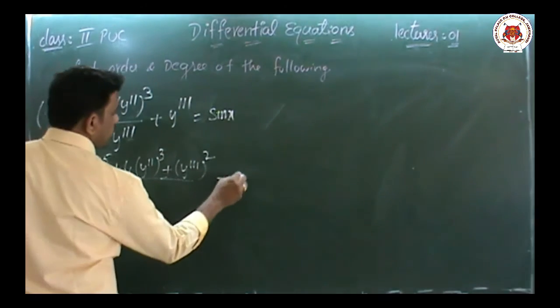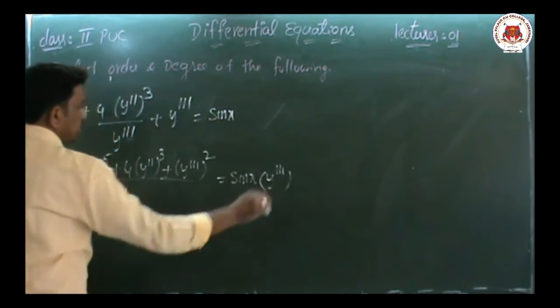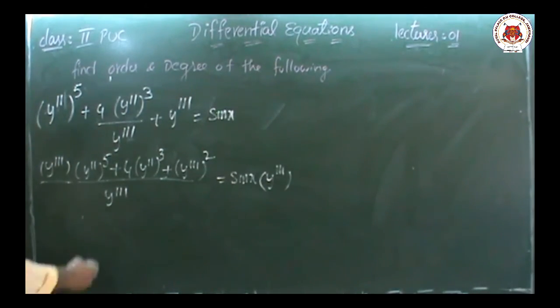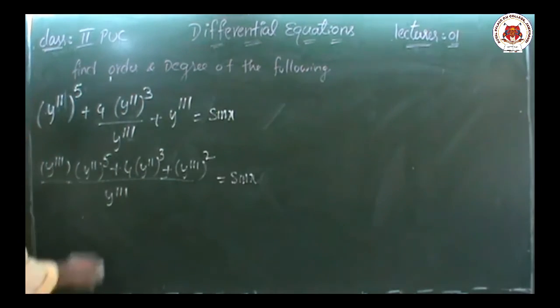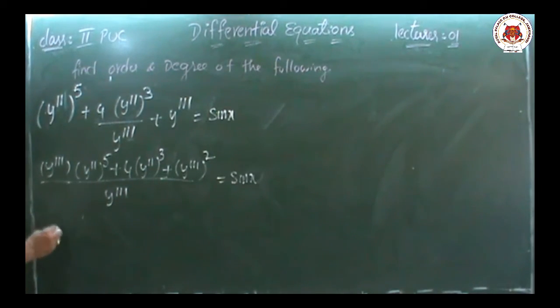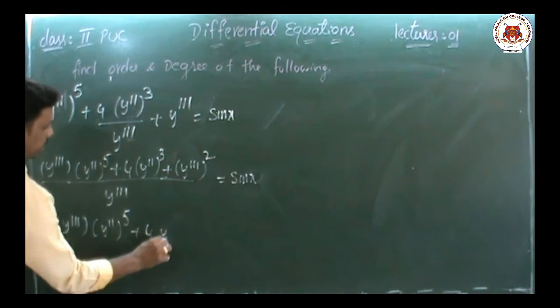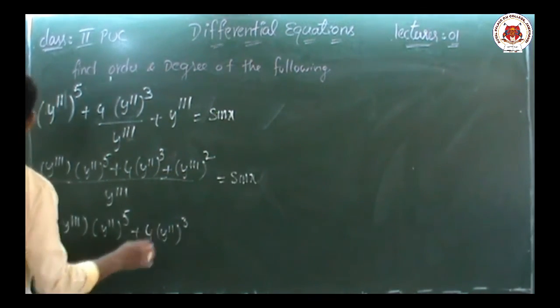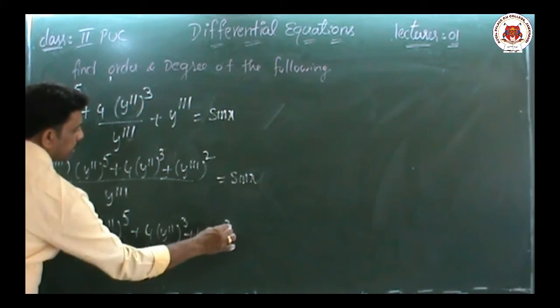Now send the y triple dash to that side, so the answer is y triple dash into (y double dash) whole power 5 plus 4 into (y double dash) whole cube plus (y triple dash) whole square is equal to sin x into y triple dash.